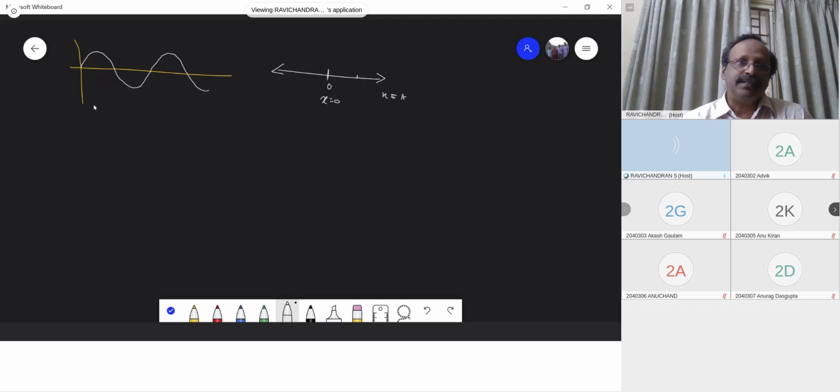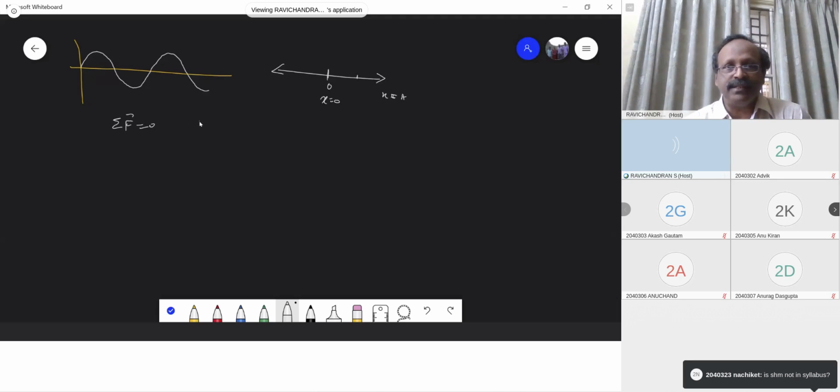This was when I derived the equation. I would have told you that at any instant F is equal to 0, right? I just want to give the clarification. There you would have written x double dot, right? F is one force, that is F applied force, correct? Then you would have written the restoring force, F_R, is equal to 0.